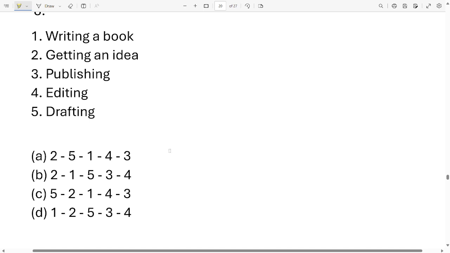Next, writing a book, getting an idea, publishing, editing, drafting. Now arrange it. First, getting an idea, writing a book, editing.